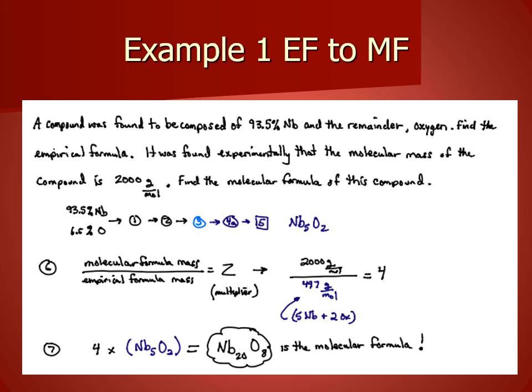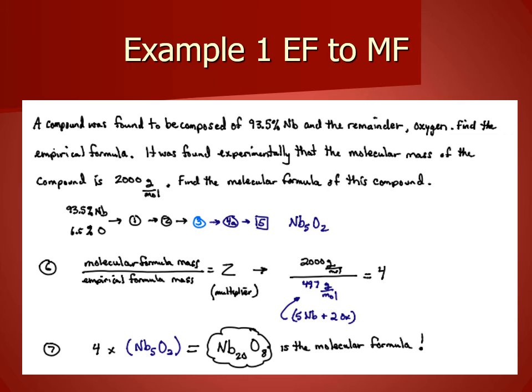Okay, find the empirical formula. That's the first question. We already did this in a previous example, but what I would do is start with my niobium and my oxygen, go through the steps 1, 2, 3, 4, 5, and find the empirical formula Nb5O2. So that's just the first part.